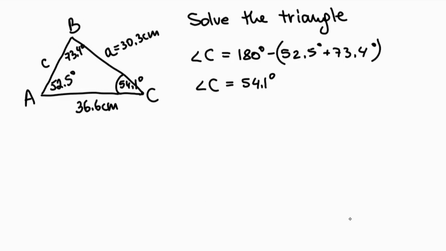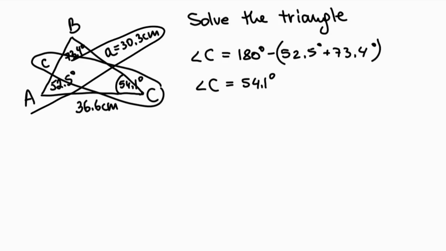Now we can repeat the same process to determine the value of the side C. So we have the angle C that we have found, and we can use A and A now in order to determine the side length C using the sine law again.